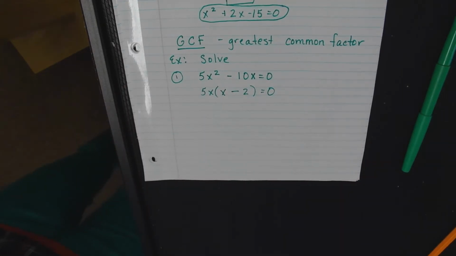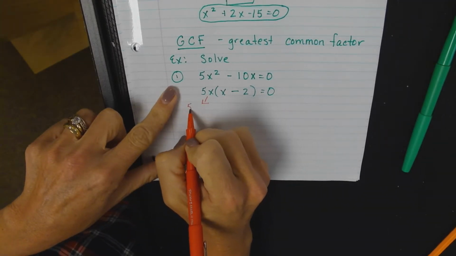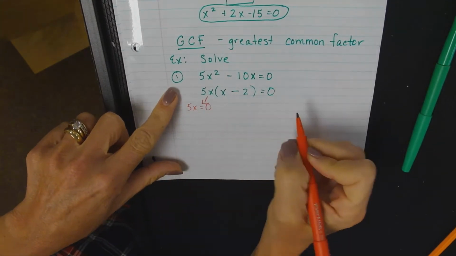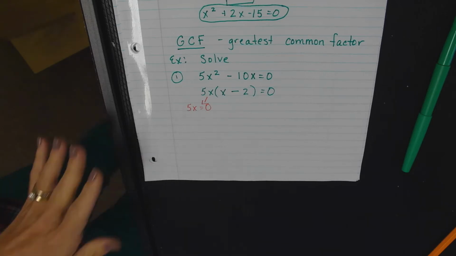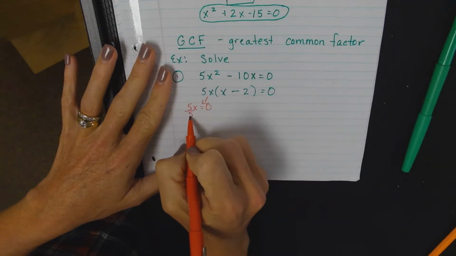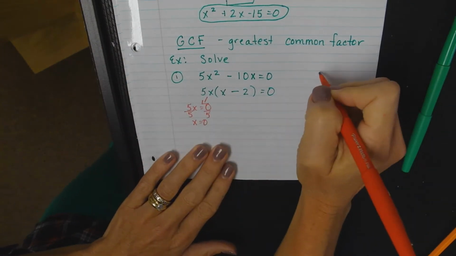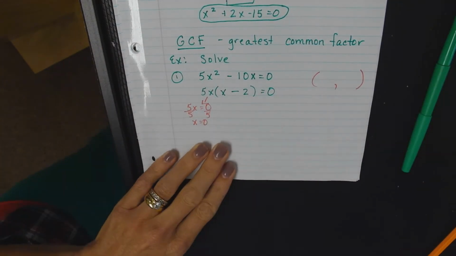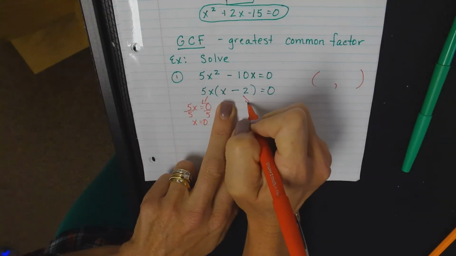One answer is, actually they're both easy. 5x equals 0. Divide by 5, x therefore is 0. There's one answer. All right, now I have this.